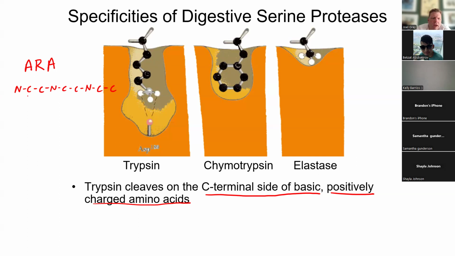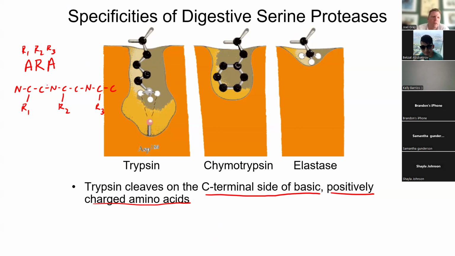Okay, so this is my alanine, R sub 1, and then this is my R sub 2, which is my arginine, and then here's my R sub 3. Okay, trypsin is going to cut on the C termini of a positively charged residue. Is alanine a positively charged residue?